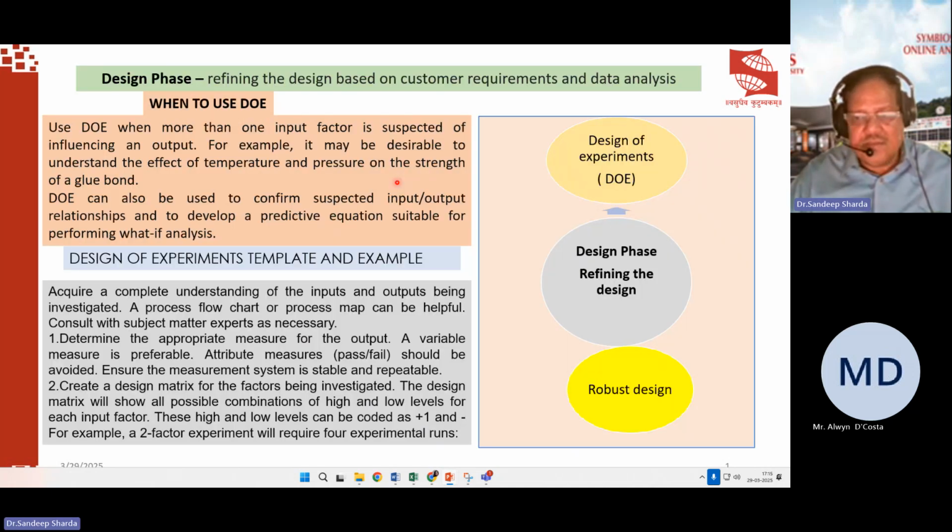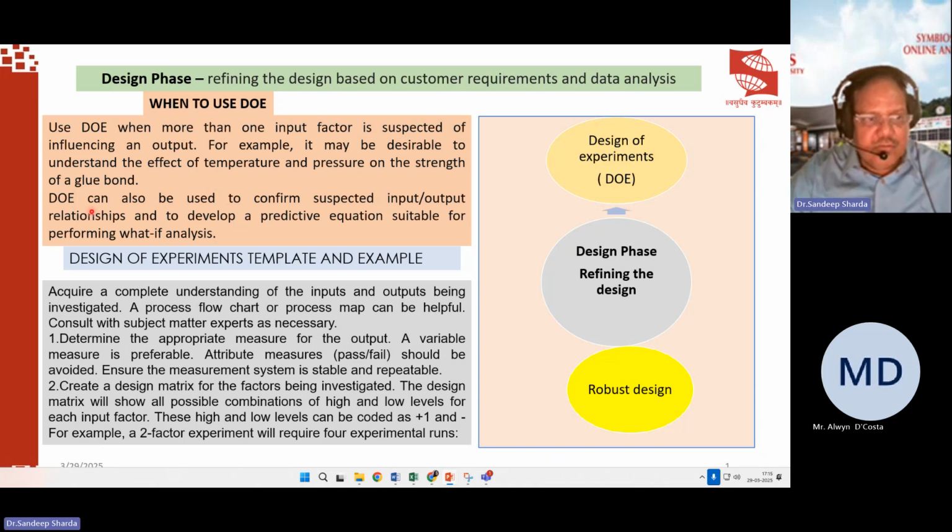Now, in the design phase, redefining the design is done by design of experiments, or robust design. So when to use DOE? It is another approach, used when more than one input factor is suspected of influencing an output. For example, it may be desirable to understand the effect of temperature and pressure on the strength of a glue bond.